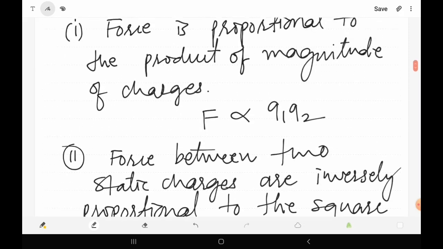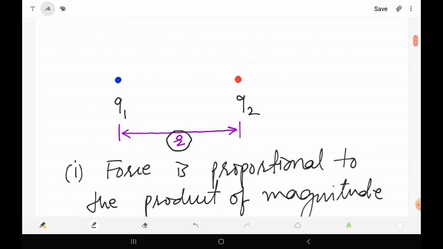Next, if q1 and q2 are placed at a particular separation, then a force will be exerted by q1 upon q2. Suppose this force is marked as F1, and obviously a force will be exerted by the charge q2 upon the charge q1. This force is denoted by F2, and it is well known that forces are vector quantities, so F1 and F2 are also vector quantities.